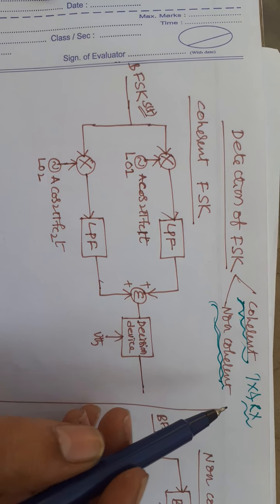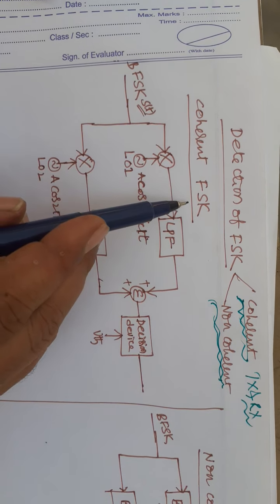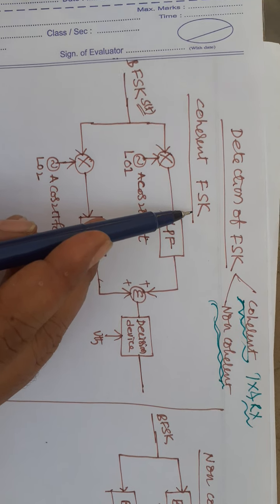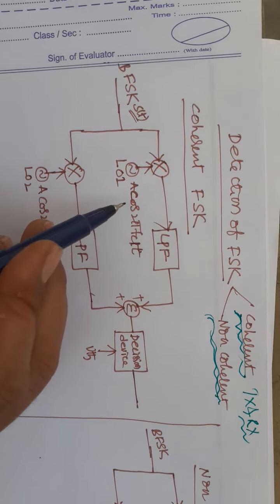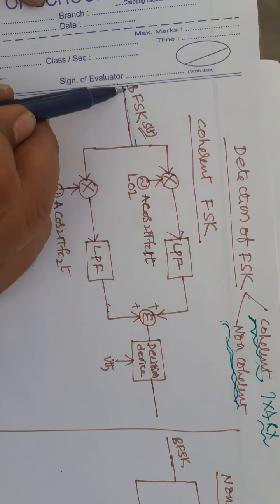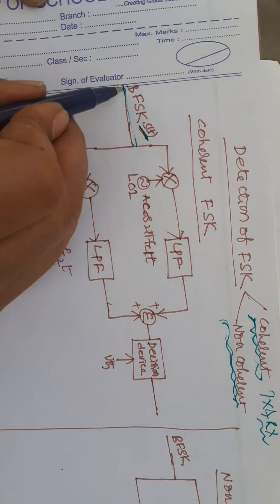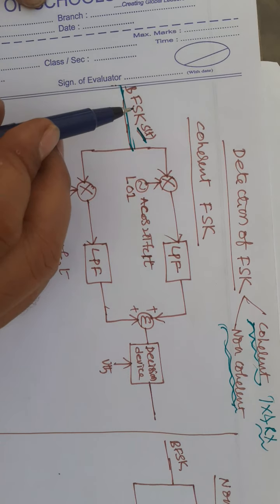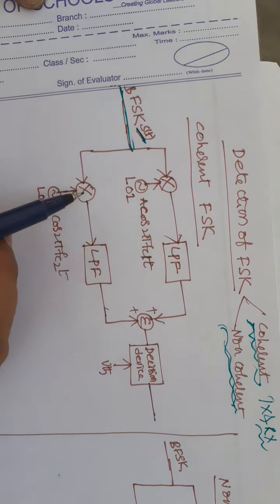Now I am going to explain coherent FSK, right? The block diagram of coherent FSK consists of S of t, that is the modulated signal, which is given to two product detectors.